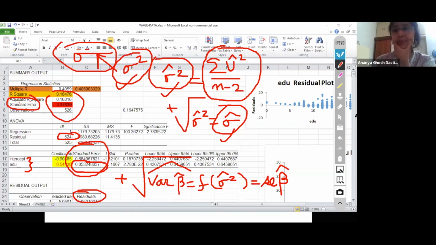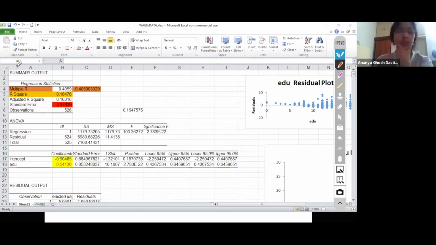Let me get rid of all these annotations. We said that I want to understand how good my results are once I run a regression model. I started with that. Then I said that to understand it, first you need to look at the sign and the magnitude of your coefficients. Finish. Then we need to look at the R squared.